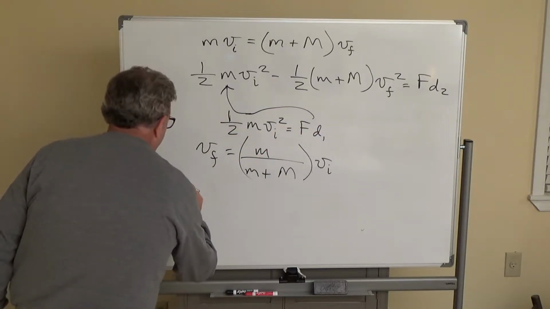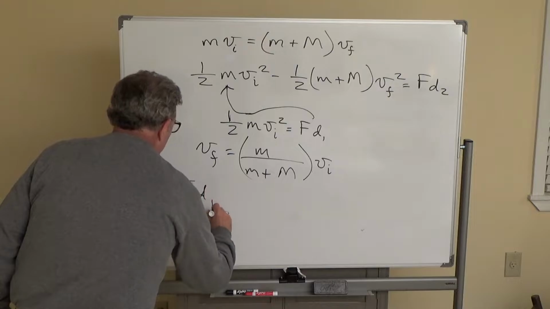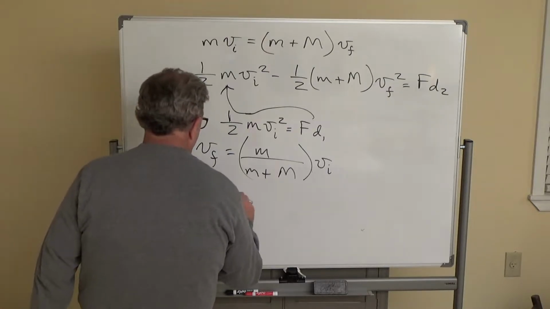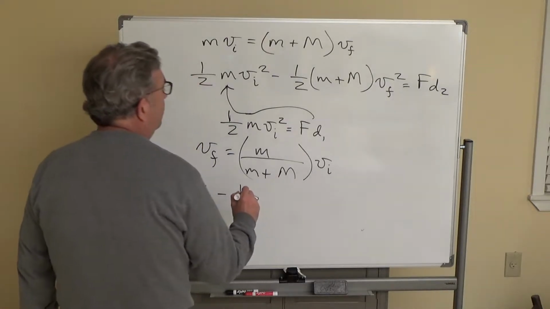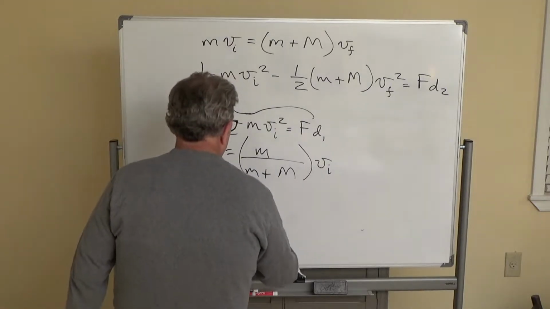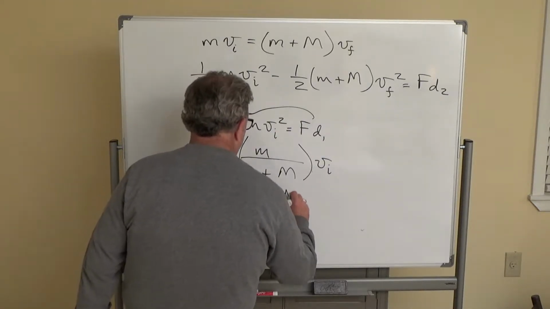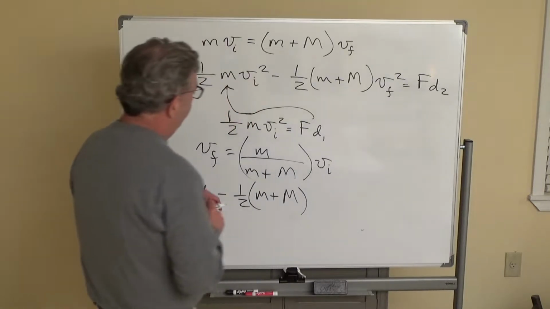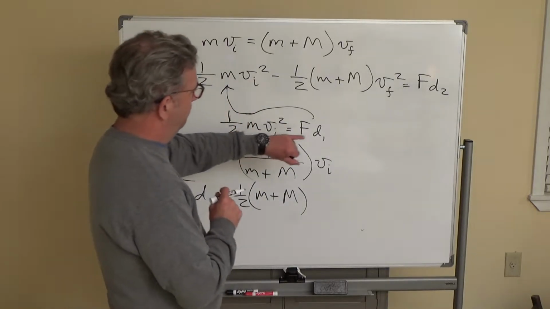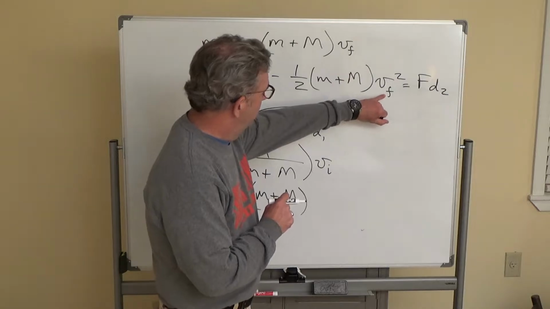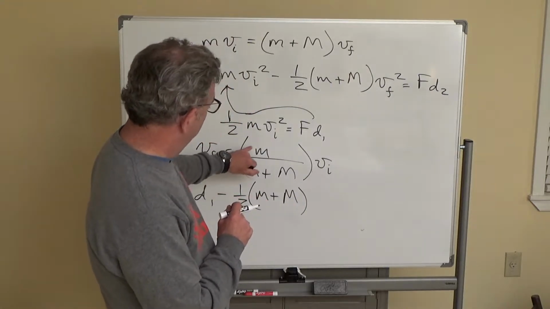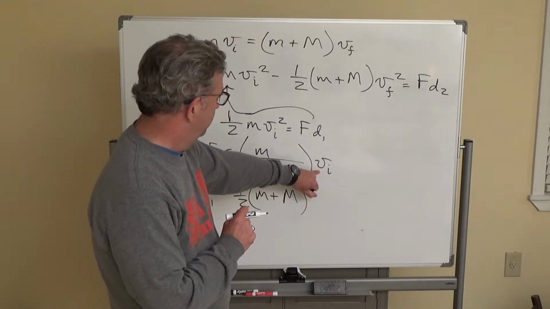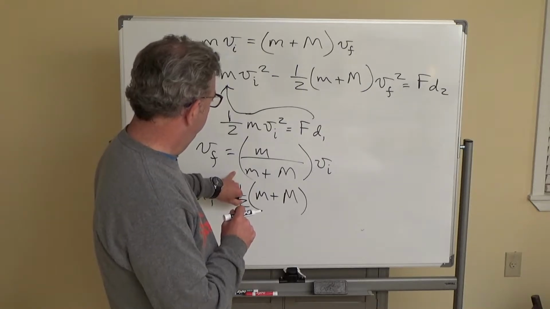So I get F D1 minus 1/2 little m plus big M times V final squared. V final is equal to this. Okay?